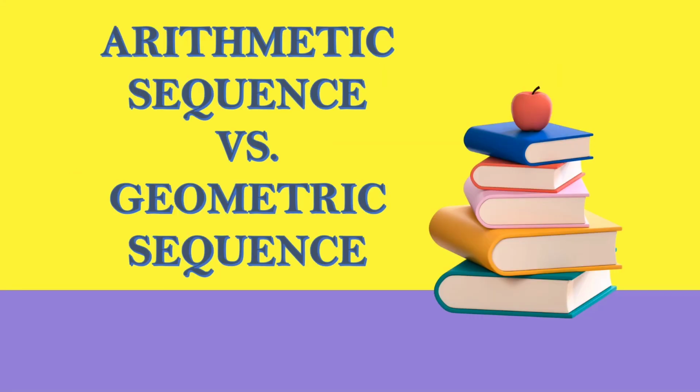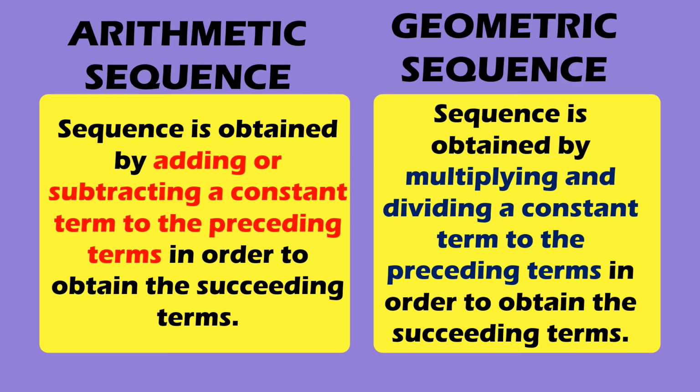To summarize, let us now differentiate arithmetic sequence from geometric sequence. Arithmetic sequence is obtained by adding or subtracting a constant term to the preceding terms in order to obtain the succeeding terms.